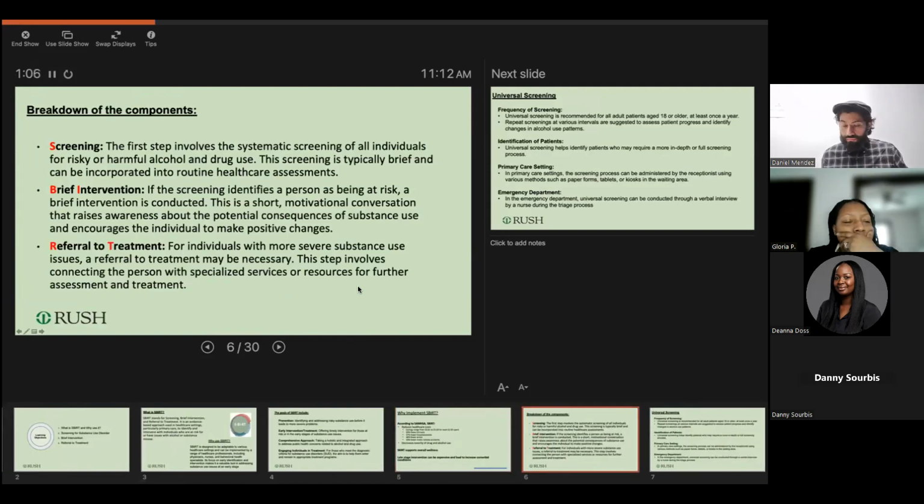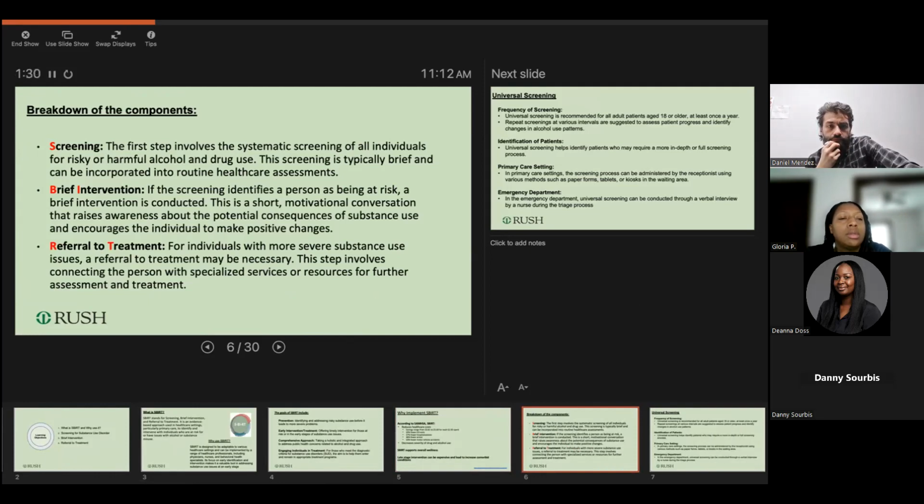So the breakdown of the components of SBIRT: the S is for screening, the B and I is for brief intervention, and the R and T is referral to treatment. Screening is the first step, and involves the systematic screening of all individuals for risky or harmful alcohol and drug use. The screening is typically brief and can be incorporated into routine healthcare assessments.